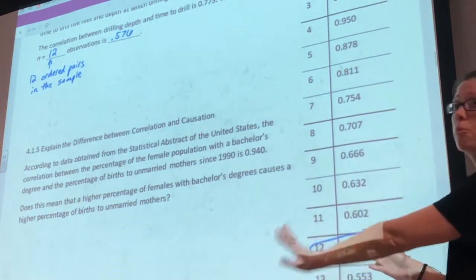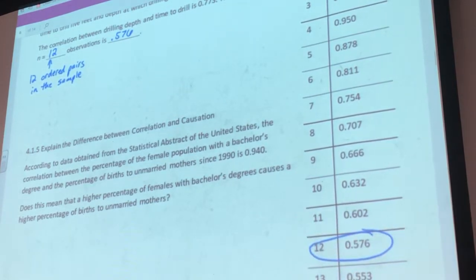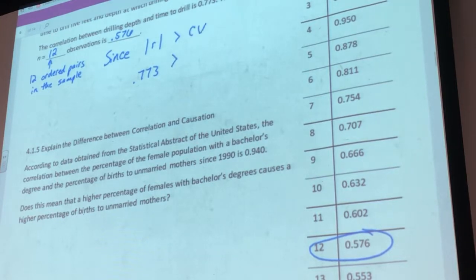Anything less than that would be not linear. So in this case, since my absolute value of r, which is 0.773, is greater than my critical value, which they said is 0.576, then we say it is linear.